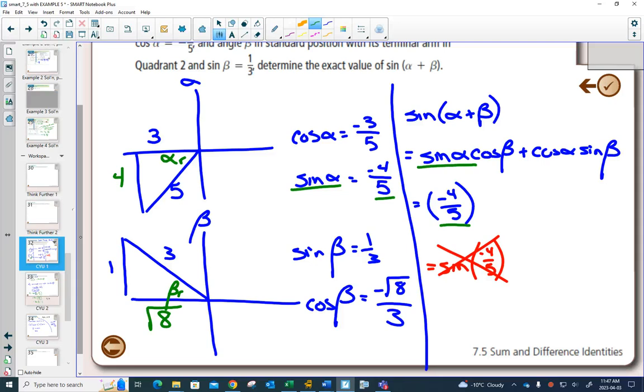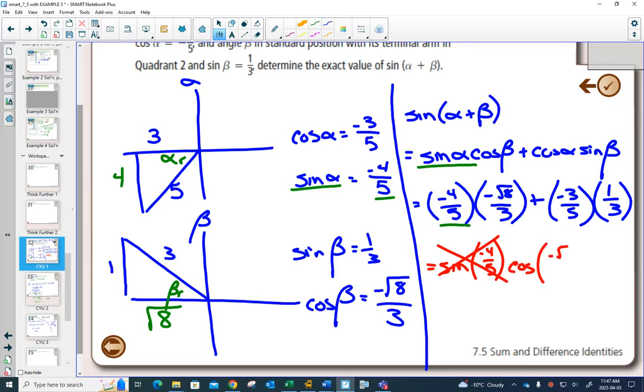And all of cos beta is equal to -√8/3. And all of cos alpha is -3/5. And all of sine beta is 1/3. So as soon as you keep writing the sine and the coses, that's the common mistake.